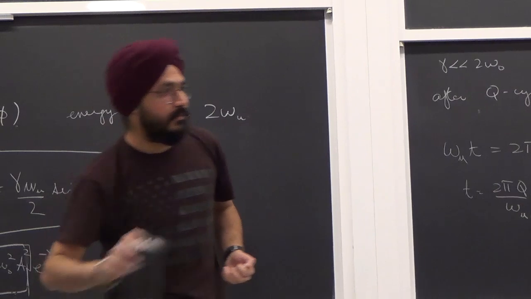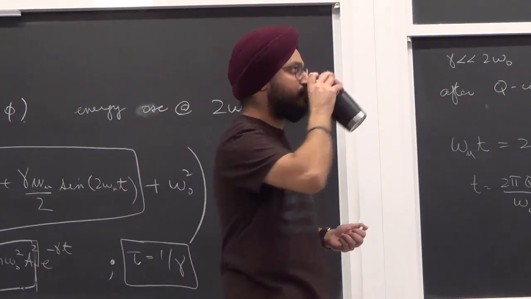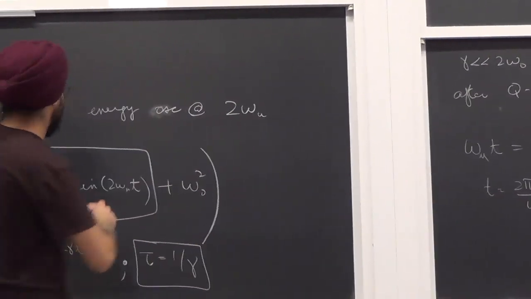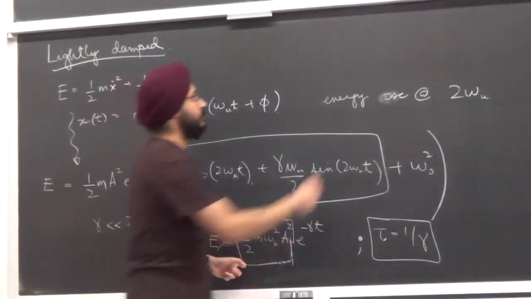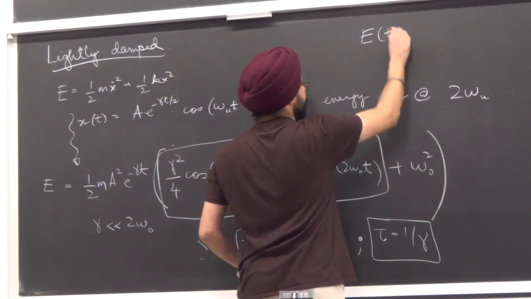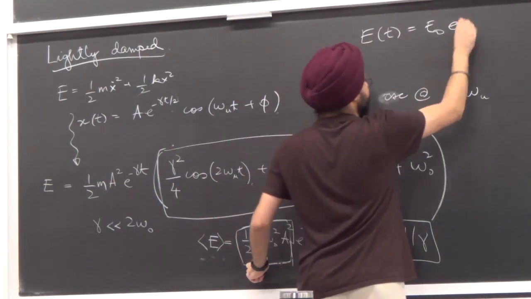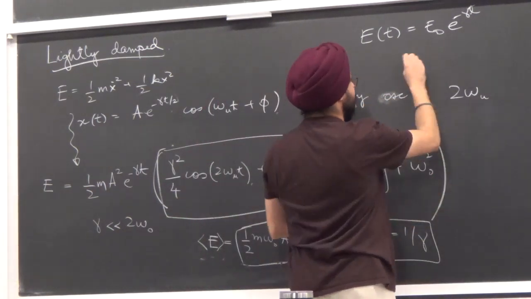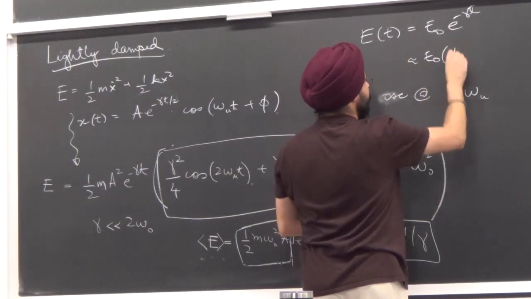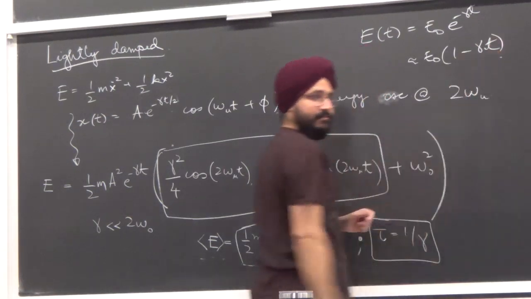How did you get that ratio between the change in energy and the energy? So I have E as a function of time: E equals E naught e to the minus gamma t. If gamma is small, this is roughly E naught times (1 minus gamma t).